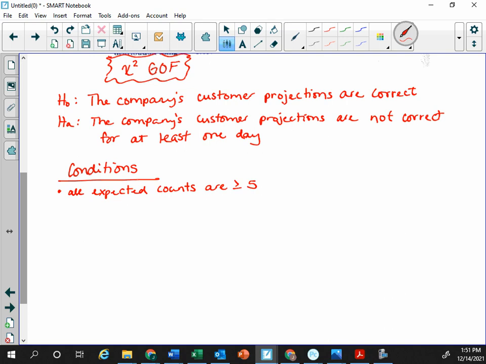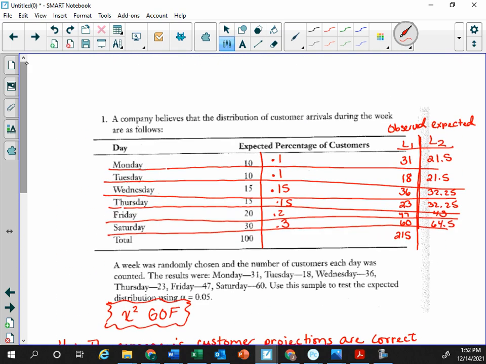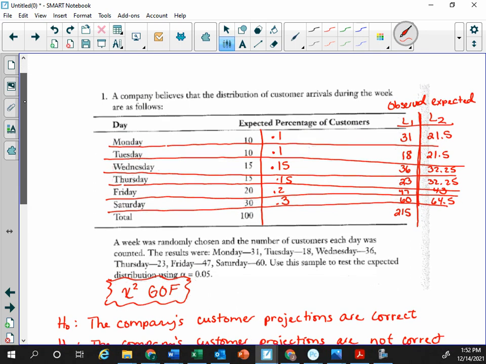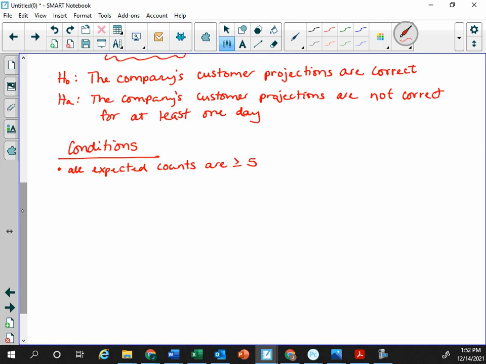For that, were you using the percentage or the number? The actual count. So this right here, this expected list, these are the counts of people. And then our next one is simple random sample.